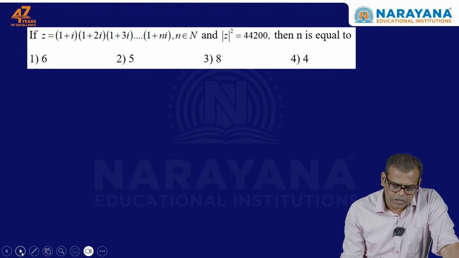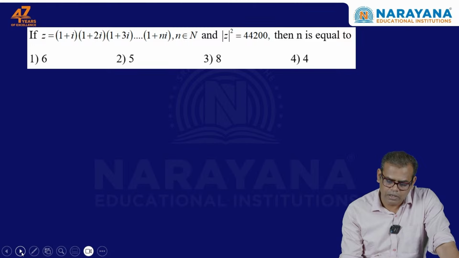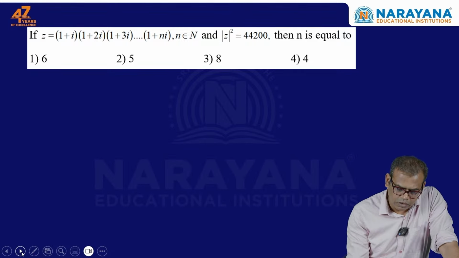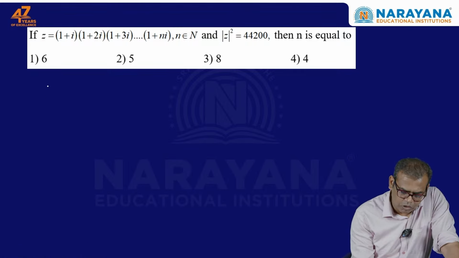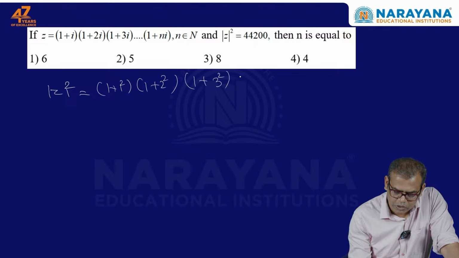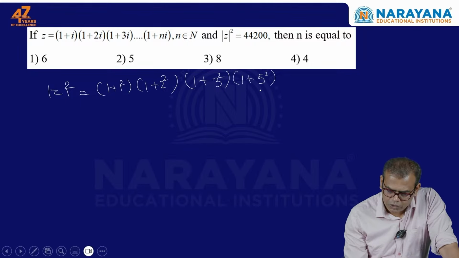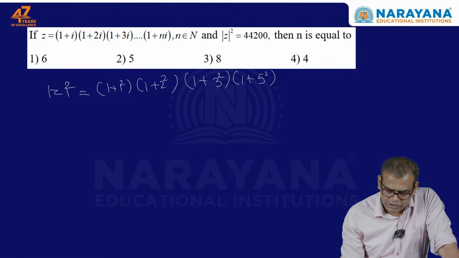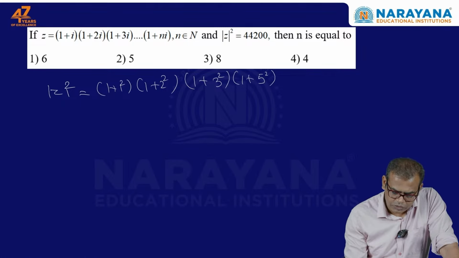Look, this question is very easy, based on the magnitude of the complex number. If you take the modulus of z square, what kind of pattern will come here? 1 plus 1 square, into 1 plus 2 square, into 1 plus 3 square, into 1 plus 5 square. Look at one thing, a double 0 will come here.